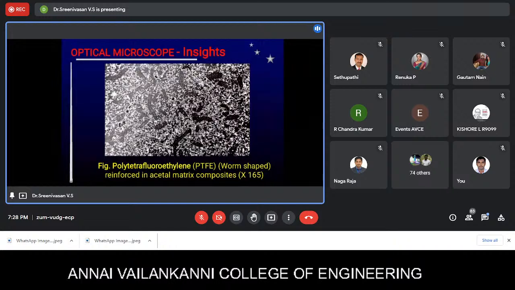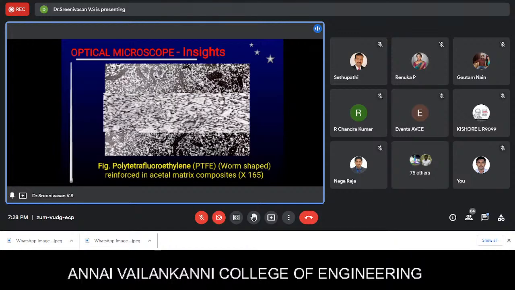If the density of the reinforcement is greater, then it will settle at the bottom. At that time, the distribution of the reinforcement within the matrix will not be proper. So whether it is uniformly distributed or not can be identified. The size of the PTFE particles can also be identified with the assistance of this diagram.